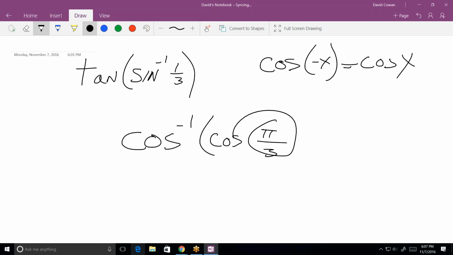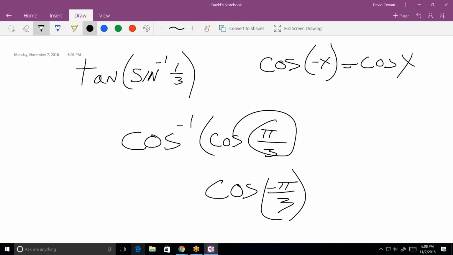But then don't you have to take the inverse of that? Right, but when you have the same trig function, the inverse of the function is the argument. Okay. In other words, let's do this one at a time, just so you know exactly what I'm talking about here. That's minus 60 degrees.